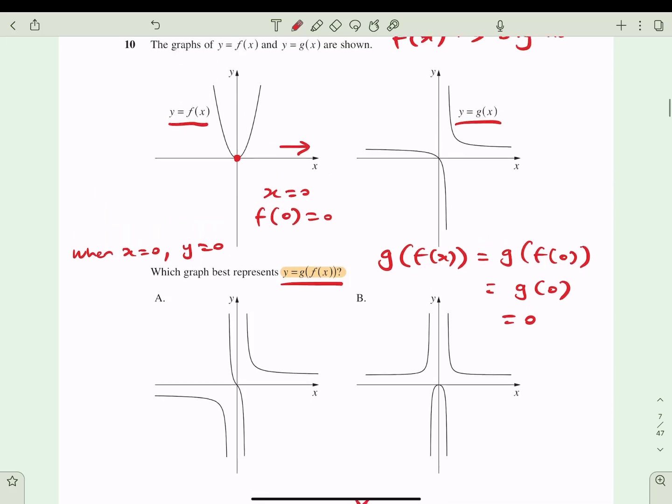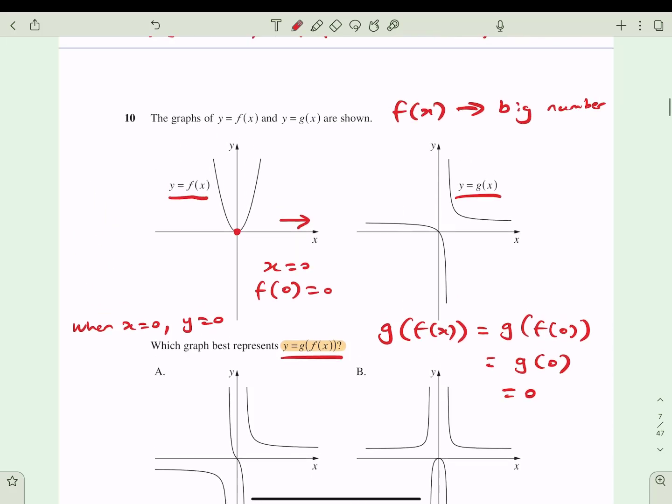Alright, now we do the exact same thing, but this time on the left side. So this time, we're going to assume x approaches a very negative number. And if x approaches a very negative number, as we can see here, f(x) still approaches a big number, in the exact same way because it's even.